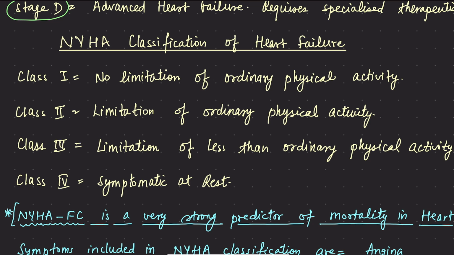Class 1 is that there is no limitation of ordinary physical activity, no sign or symptom on ordinary physical activity. For example, the patient daily goes for a morning walk, he will not experience any sign or symptom.